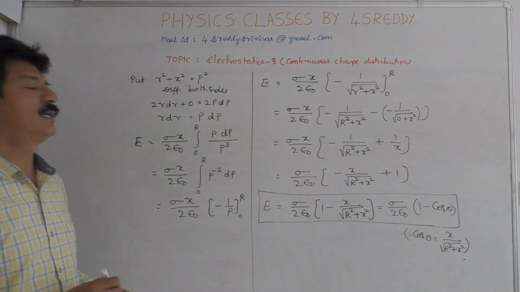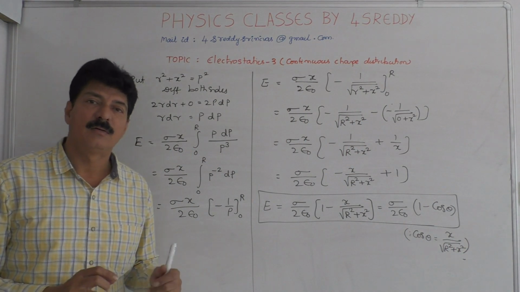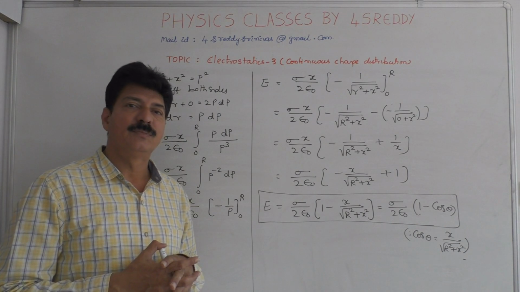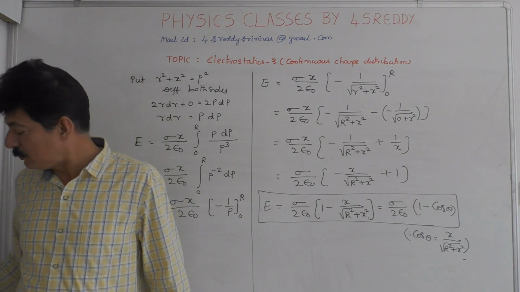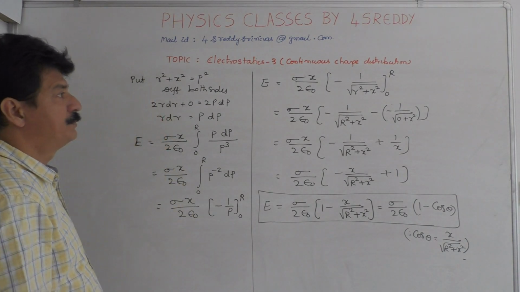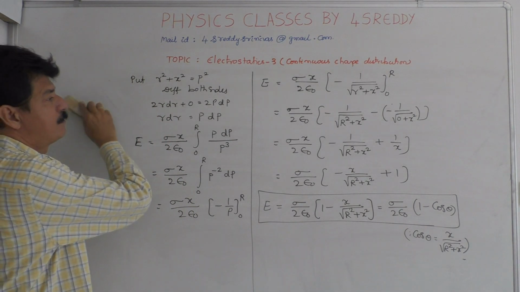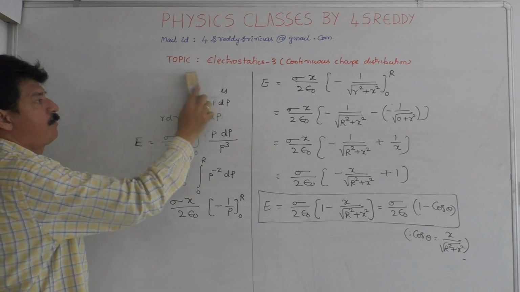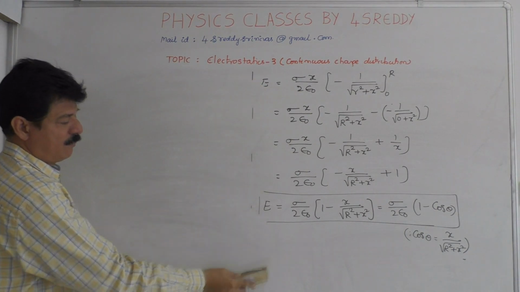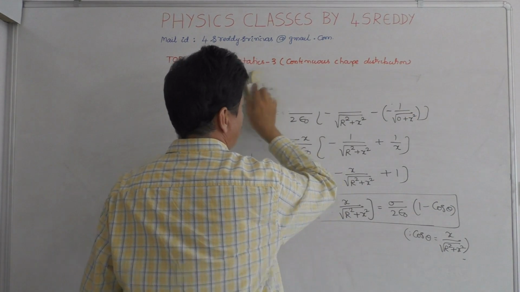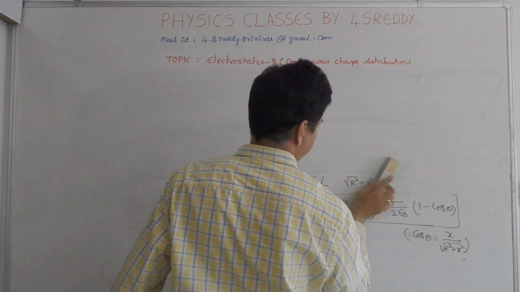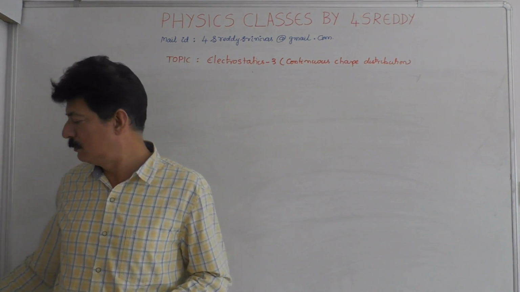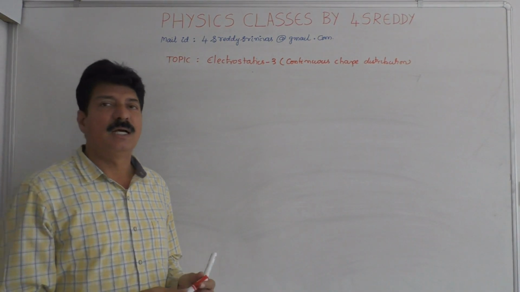This is how we calculate the electric field intensity due to a charged disk. And then come to the other one.